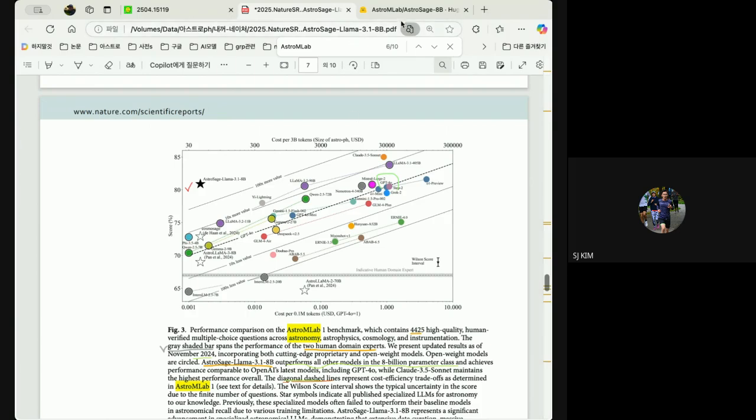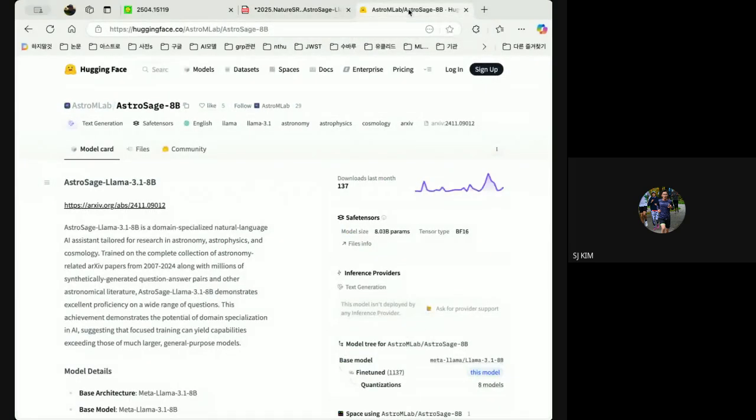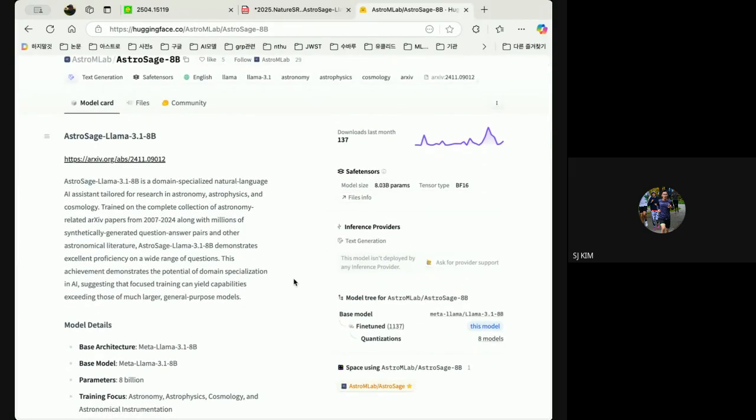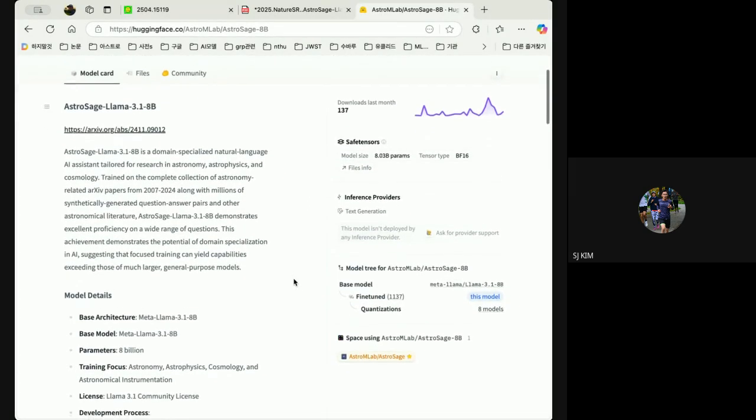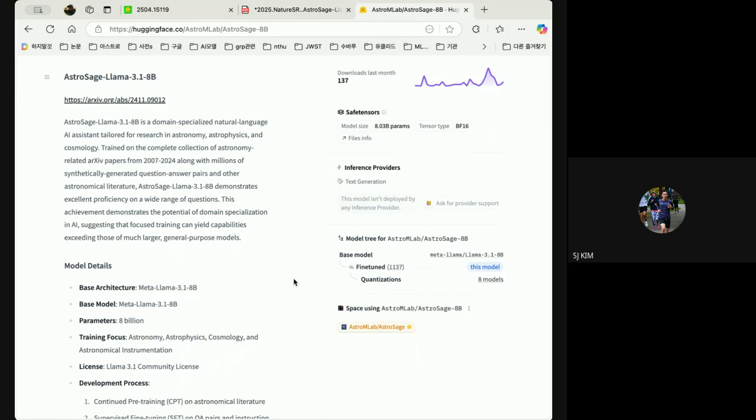Not yet. I didn't check anything. I just read this paper and found the website here, but I think this is kind of a beginning stage. So maybe we need some time for a little further testing.